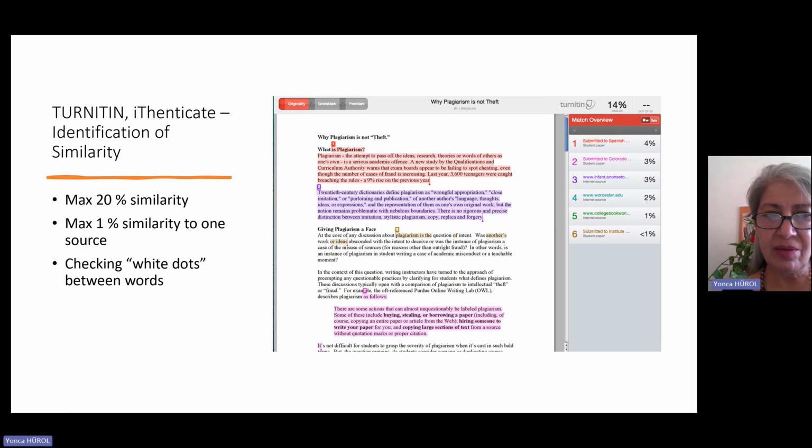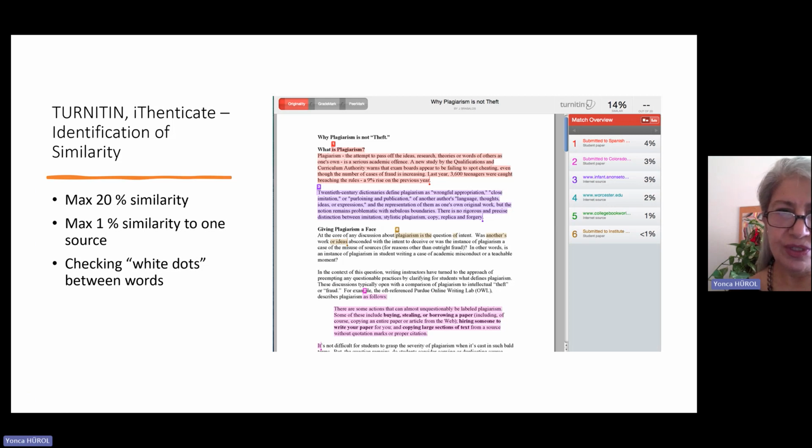And there are some computer programs to find the similarity between a text and the pool of other publications. These are Turnitin or iThenticate, and they search for similarity.